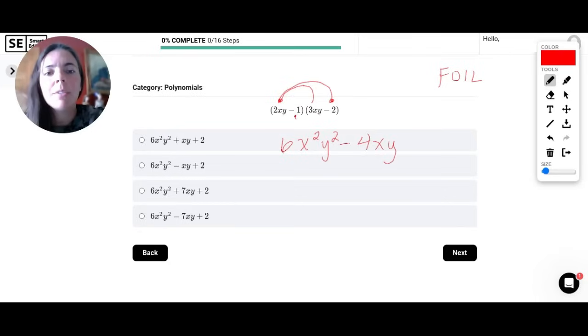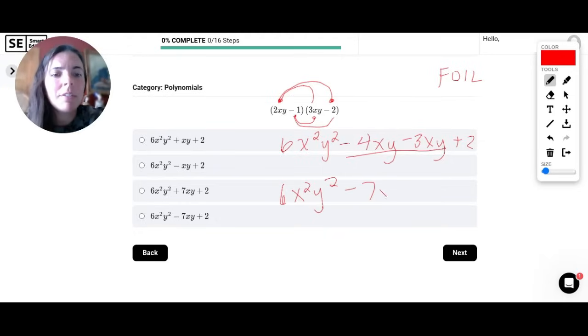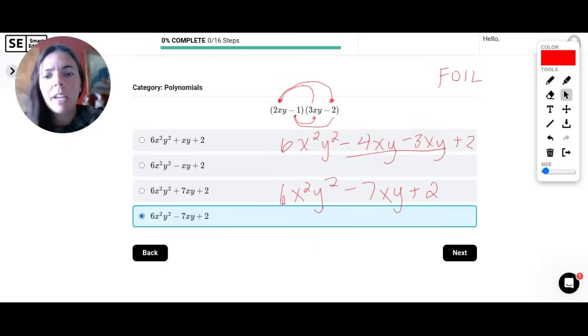Inner, so I'm going to do the inner terms here. -3xy, and then last, -1 times -2 will give me a +2. So from here, I'm just going to combine like terms, 6x squared, y squared. -4 minus 3 would be -7, xy plus 2. So find the one that matches that, and it looks like that is our solution.